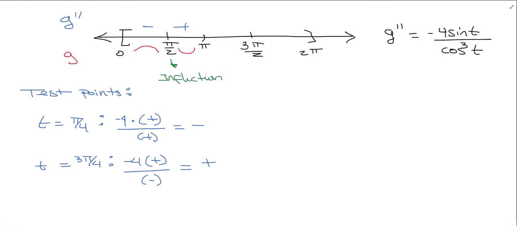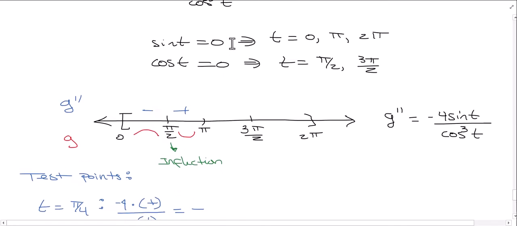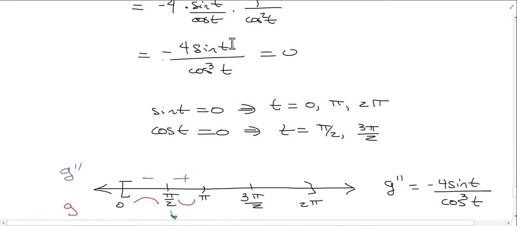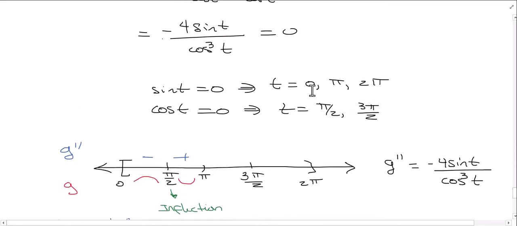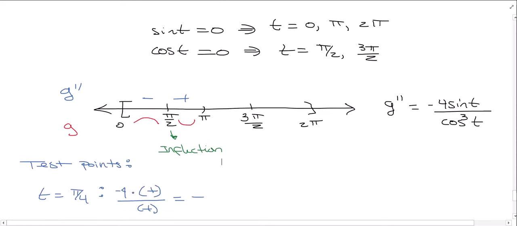Concavity does change, and the second derivative here is, oh wait, see, this is why it's important to write what happens to the derivative. So it's 0 at 0, pi, and 2 pi, but it's undefined at pi over 2 and 3 pi over 2. So do we have an inflection point there? No, right? Because the second derivative here is actually undefined.